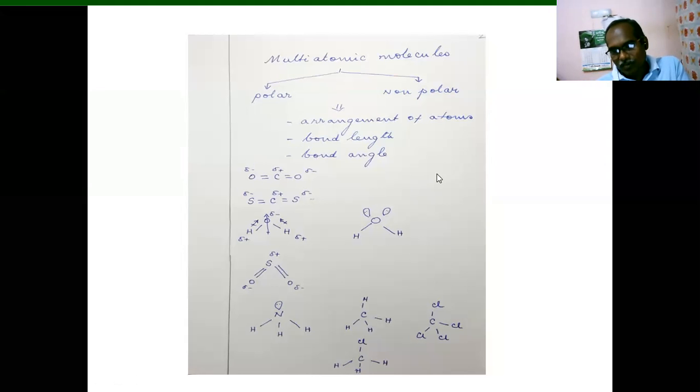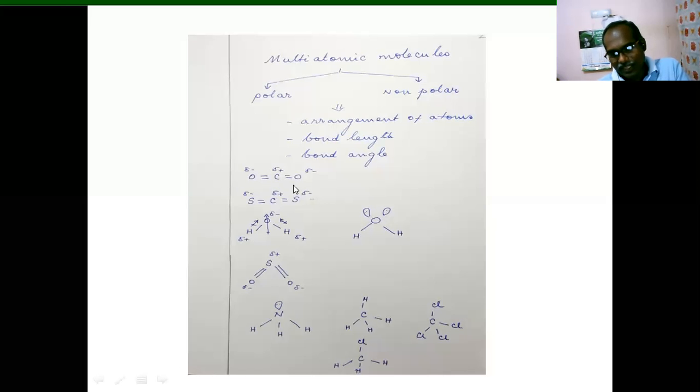Therefore, if you want to find out the dipole moment of the carbon oxygen bond, you can very well do that. It is the charge multiplied by the distance of separation, and on this side also it is the charge multiplied by the distance of separation.